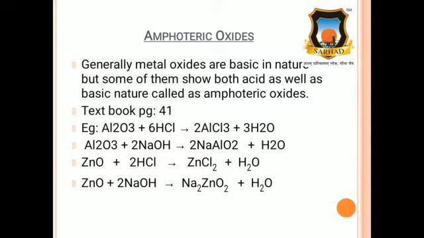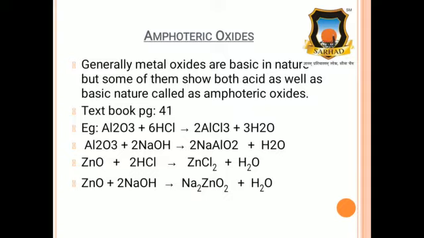Aluminium oxide behaves both as an acid and a base. So if you react it with an acid, it is the same like the neutralization reaction. It forms salt and water, and if it is reacting with a base, it forms again salt and water.